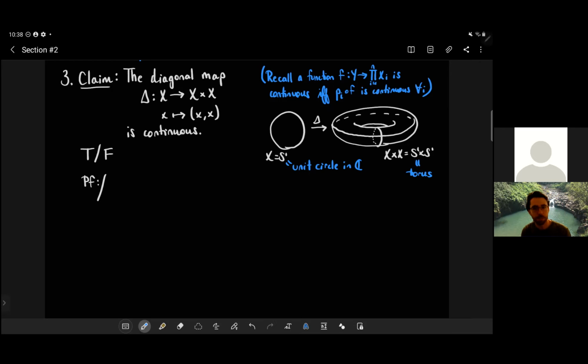It's a little weird to prove, but maybe you can believe it. Usually when you say circle cross a circle, people think of a sphere. I don't know why that's the natural thing to jump to. It's the natural thing my mind jumped to when I first heard it back in undergrad, but it's actually a torus in the sense that you have S1 as one of your dimensions.